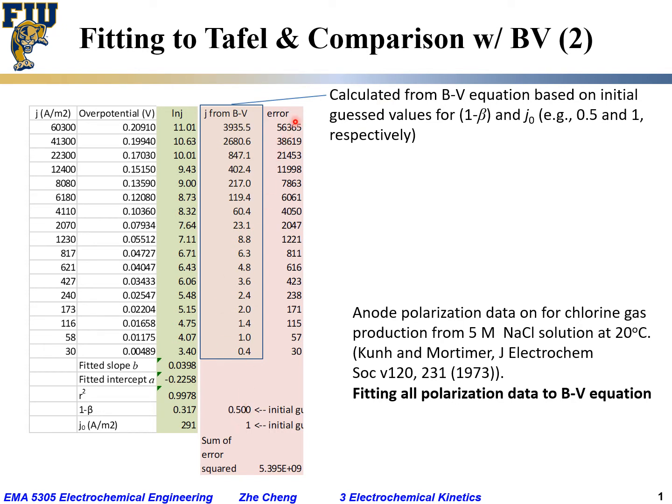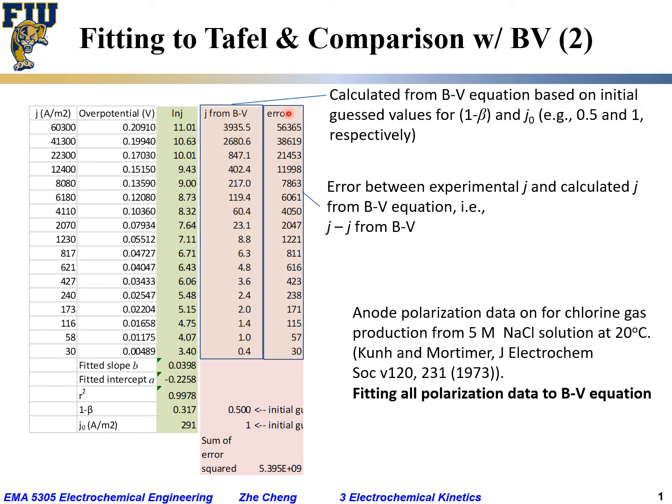And then we can calculate the so-called error. The error is the difference between the experimental measured value and the value calculated from the Butler-Volmer equation. Essentially, the measured J column minus the J from Butler-Volmer column, and we can calculate the difference.